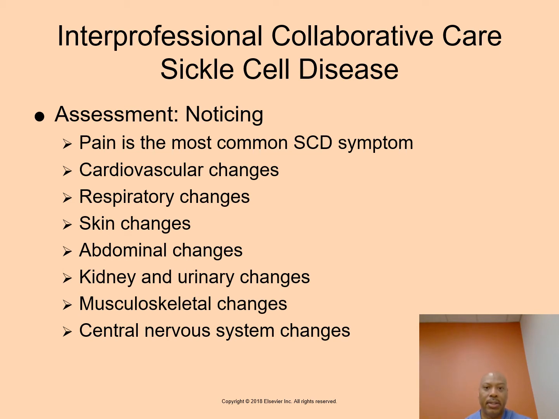When these patients are acutely ill in crisis, they're usually treated on a medical surgical floor. Those with the trait aren't usually ill, but they do have hemoglobin S cells, so keep that in mind as well.